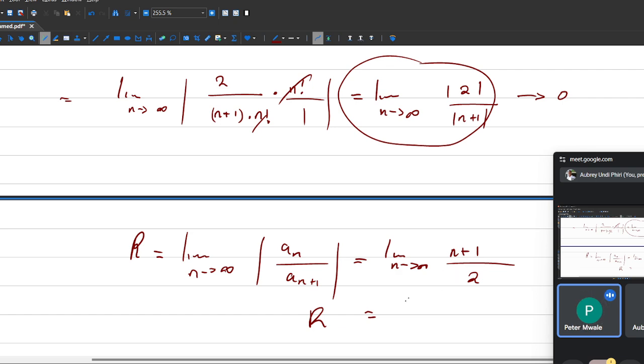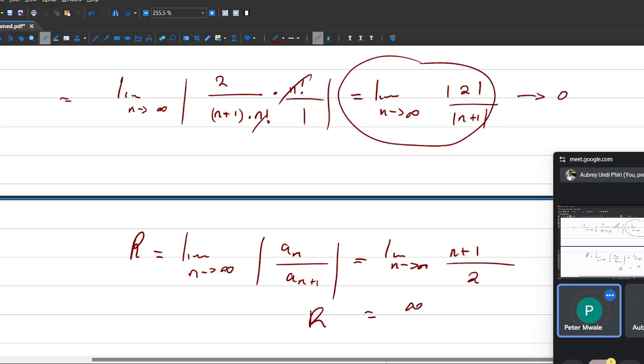Infinity plus 1 over 2. What would be the answer? I'll say that again. You can see my screen, right? Yeah. So infinity plus 1 over 2. What are you getting? That's infinity. Yeah. So that's the radius of convergence.